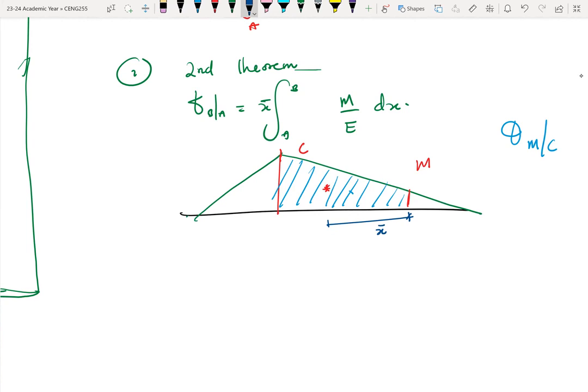Your X bar is not to C, but it's to M. That is if you want to find TMC.